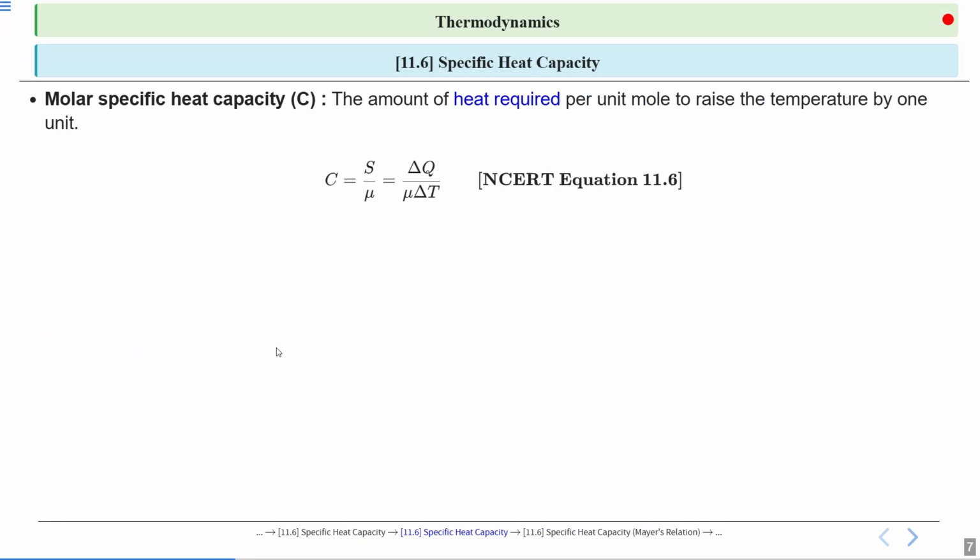Second is molar specific heat capacity. Here the term molar means mole, number of moles. So molar heat capacity means the amount of heat required per unit mole to raise the temperature by 1 unit, or 1 degree Celsius or 1 Kelvin.